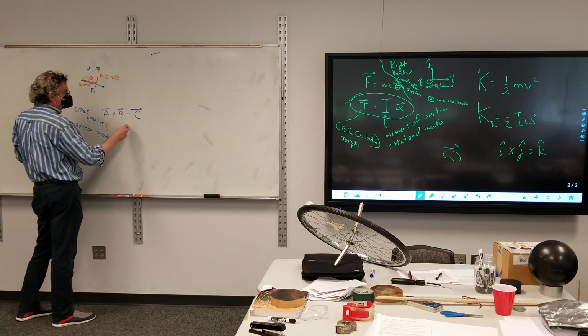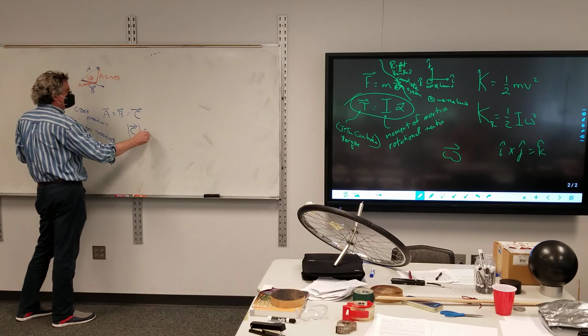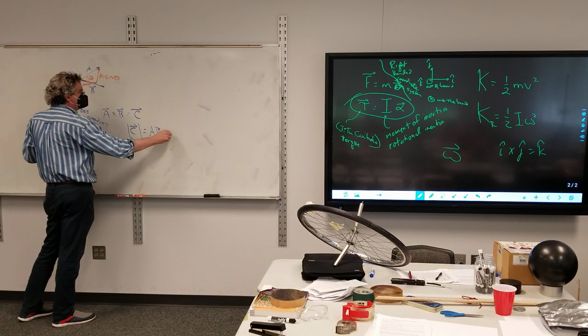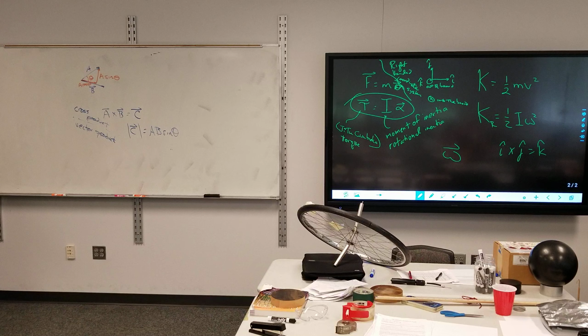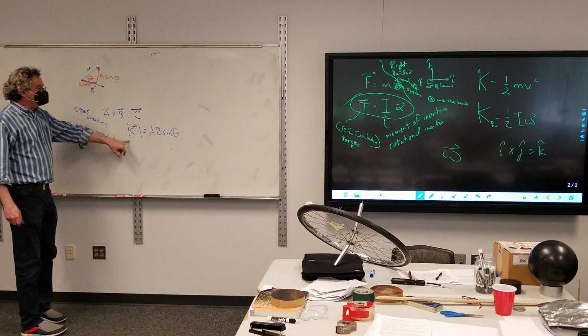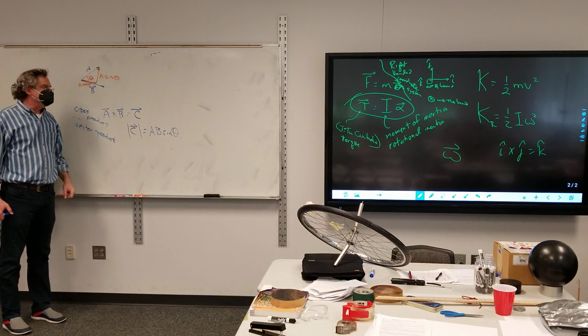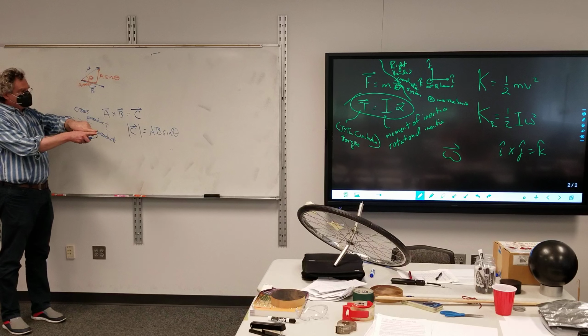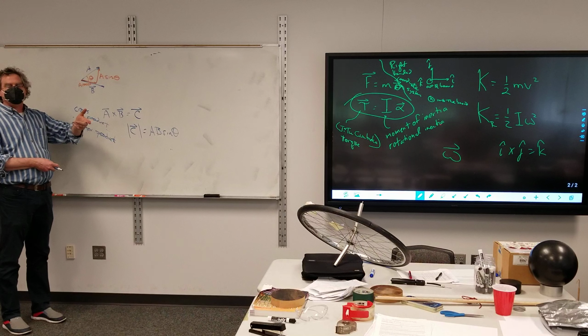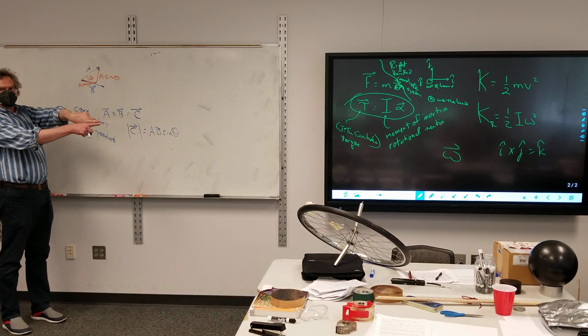So the magnitude of C would be AB sine theta. So if vectors are perpendicular to each other, we're at 90 degrees, what is the sine of 90 degrees? So this is at a maximum when they are perpendicular to each other. If they're parallel, we get 0 degrees, sine of 0 degrees, or 0 radians, is 0. So there is no cross product.